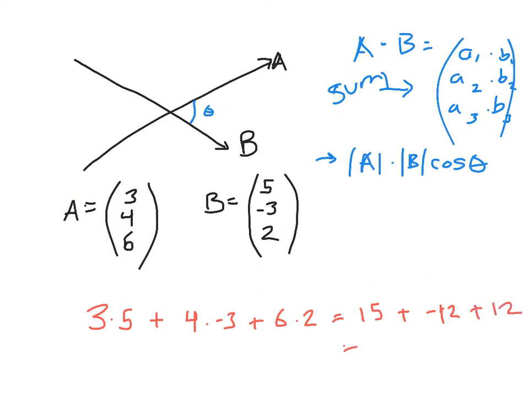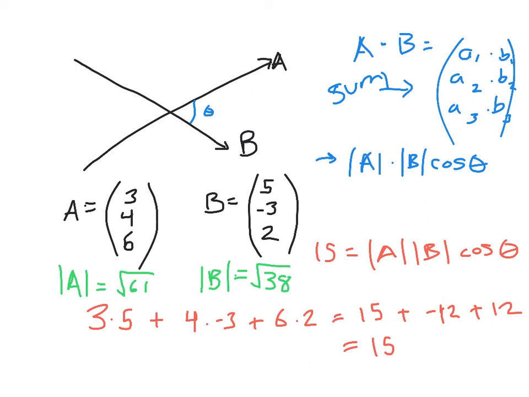So that just equals 15. And so we can set up an equation here that 15 equals the magnitude of A times the magnitude of B times cosine of theta. Alright, so I also went ahead and found the magnitudes of A and B respectively. That's square root of 61 and square root of 38.